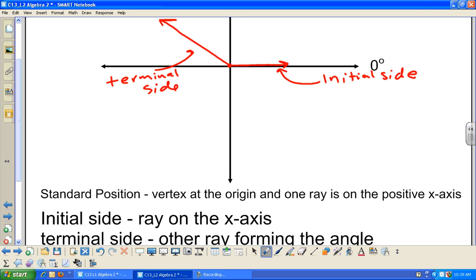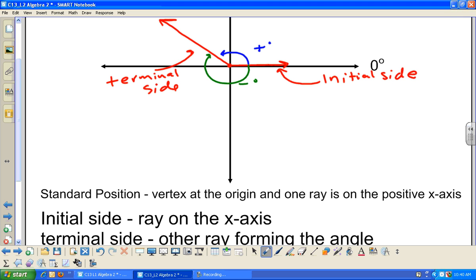Now for each angle that is drawn on the xy axis, it's always starting on your initial side, and if there's an arrow pointing counterclockwise, this would be a positive angle measurement. Now, again, you start at your initial side, and if I go clockwise, this represents a negative degree measurement.